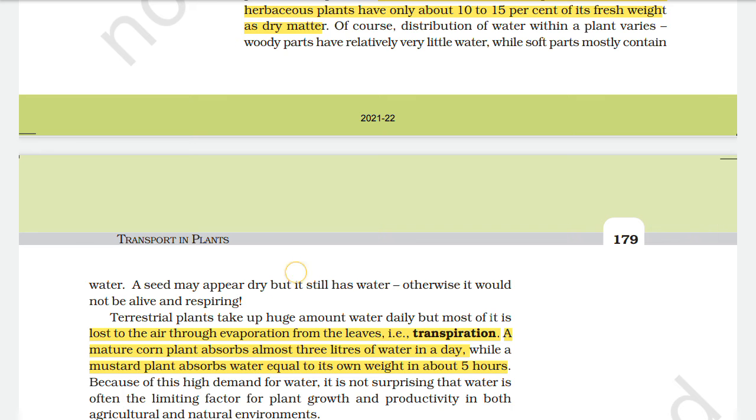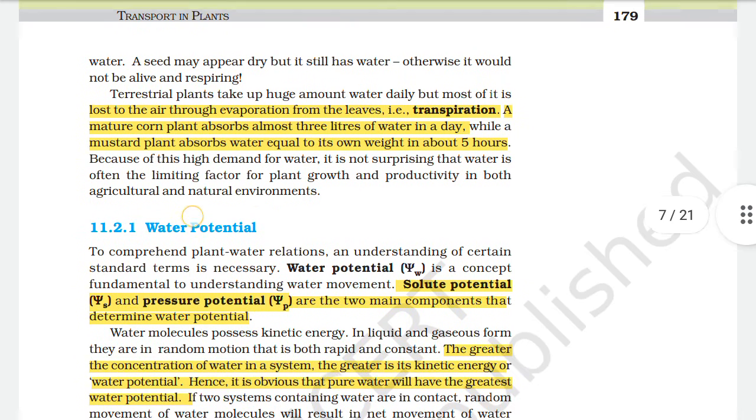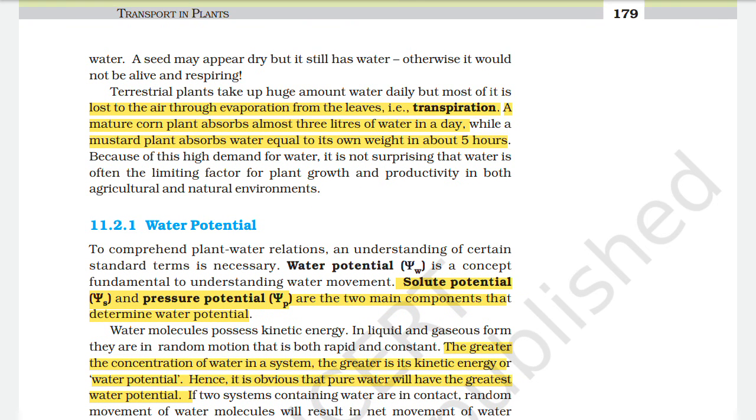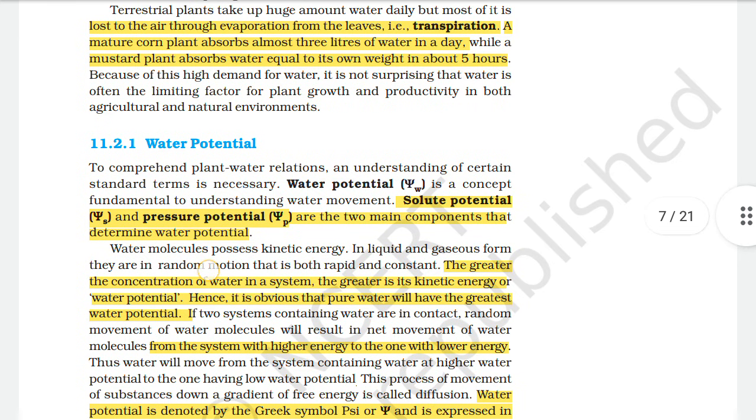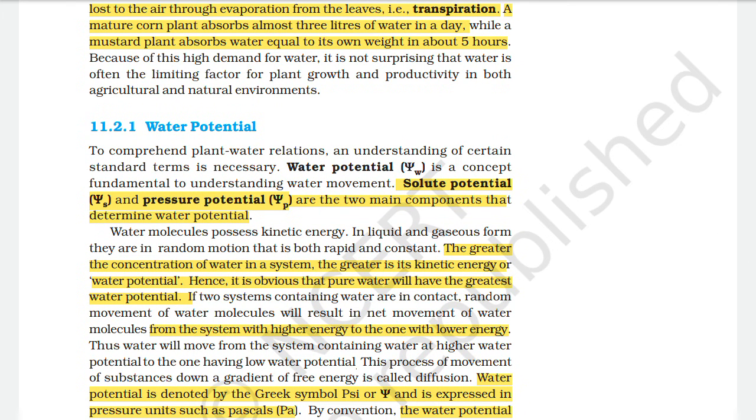Next, plants, most not all plants, lose water through transpiration. That's why water is the basic requirement in all plants.